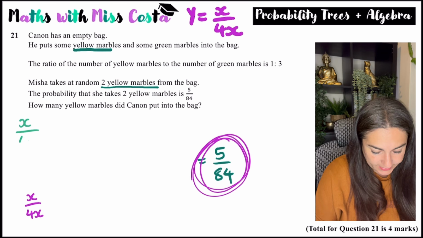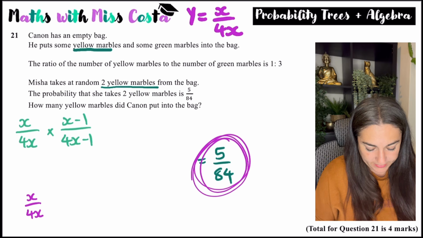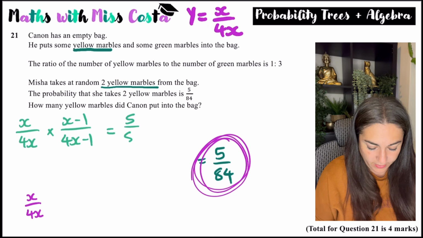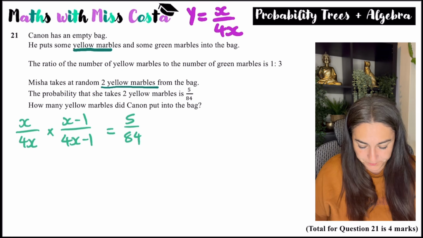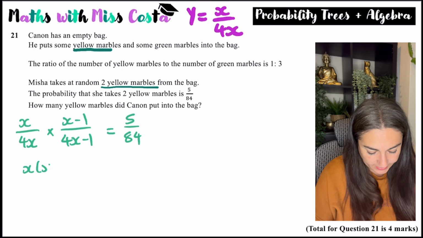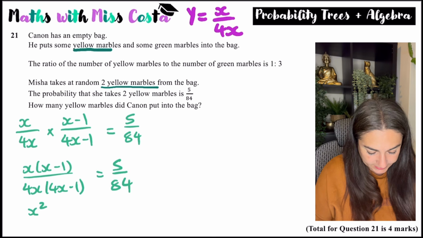So x over 4x multiplied by x minus 1 over 4x minus 1 must equal 5/84. Let's try to simplify. So x minus 1 over 4x minus 1 must equal 5/84. Again, let's expand the brackets.